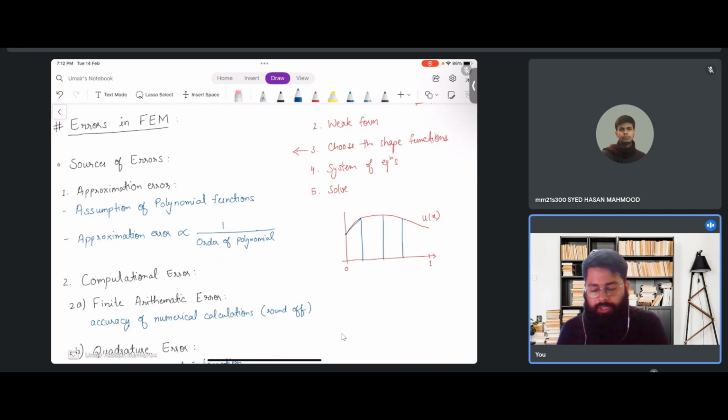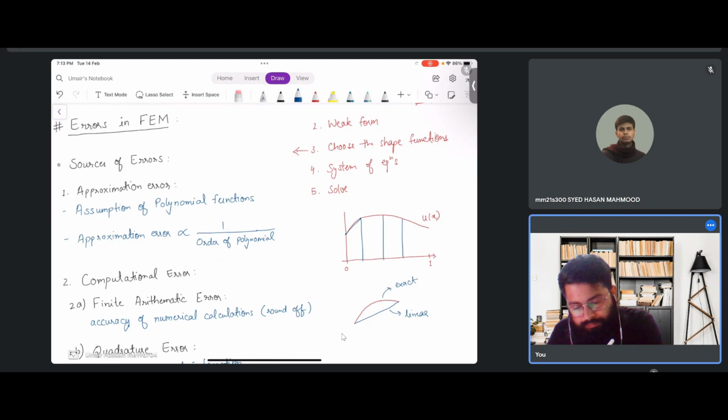So you see there's some inaccuracy here with the choice of our function. And suppose I wanted to choose a quadratic or cubic polynomial, this would go much closer to the exact solution. I can't show it here, so I'll just magnify this. Suppose this is the exact solution, and this is the linear solution.